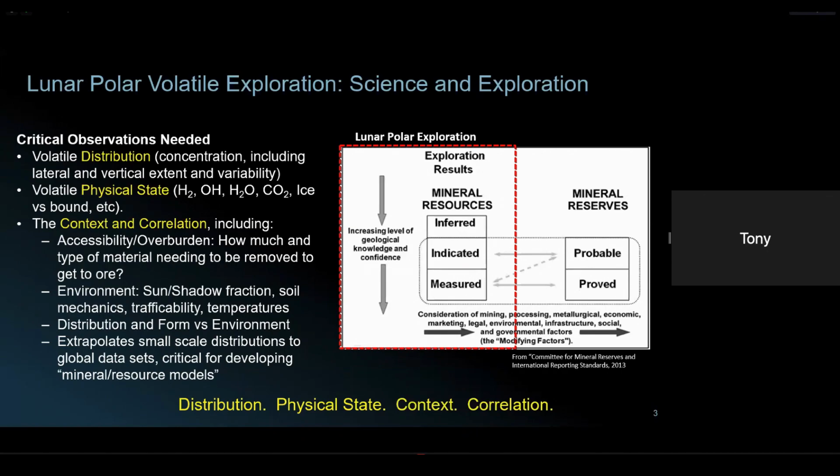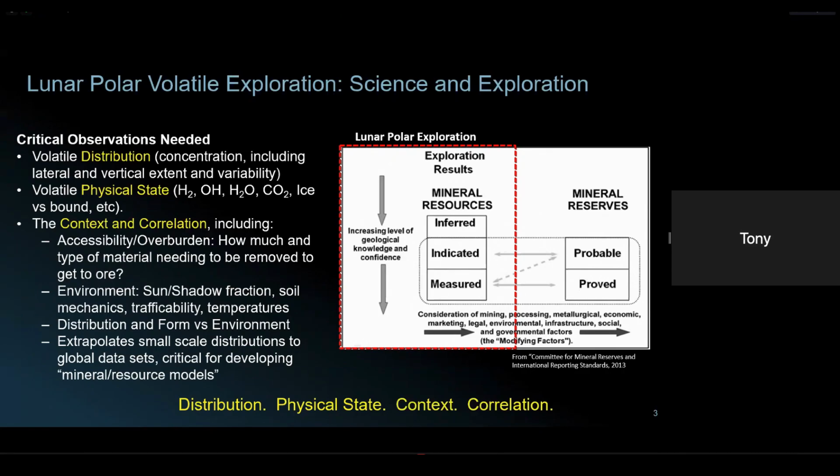And also, just as important, the context and correlation of those two factors with the environment. As I'll mention in a second, it's not enough to measure the concentration in one place or another without having any ability to correlate it with broader environmental factors. This is how, of course, we do it on Earth.